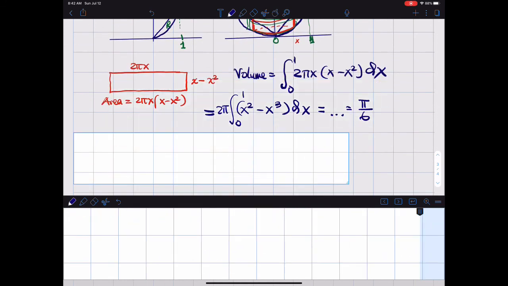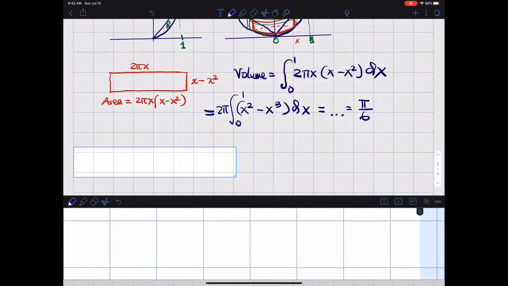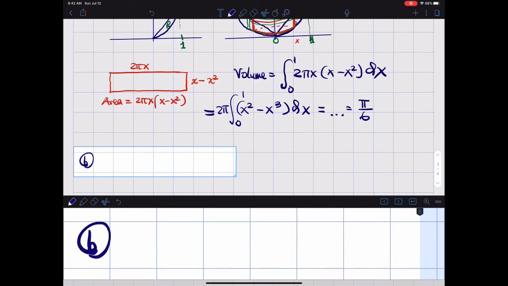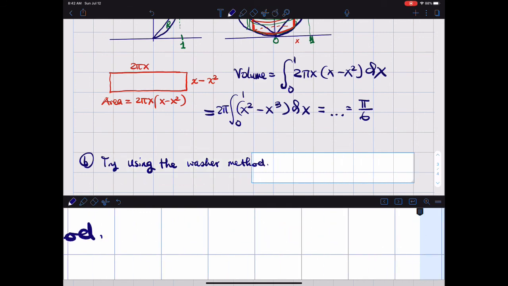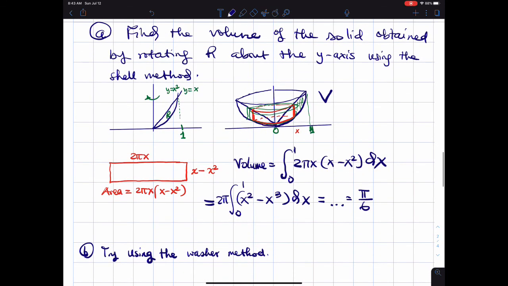Now, this is the shell method. Now I want you to try the same problem using the washer method. Think of the washer method. What do you do?